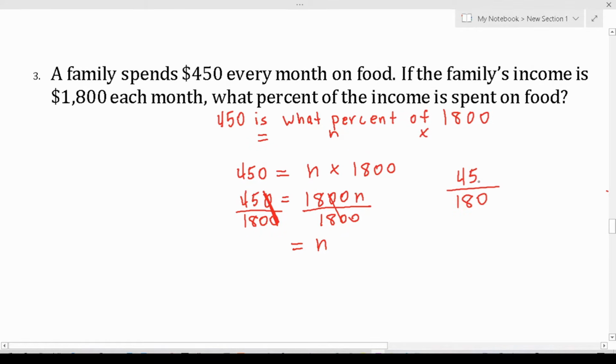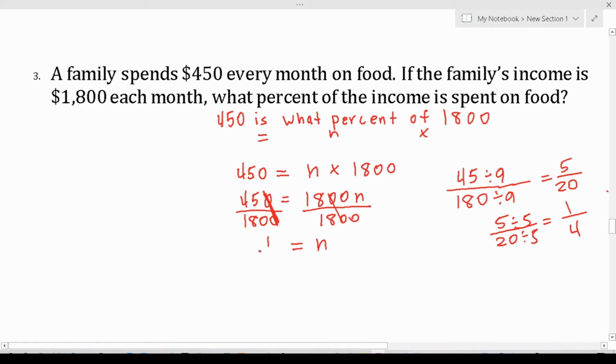We should see that both 45 and 180 are divisible by 9. So to make this math a little bit simpler, let's divide 45 and 180 both by 9. 45 divided by 9 is 5, and 180 divided by 9 is 20. And we can actually reduce 5 over 20 a little bit further by dividing 5 and 20 by 5. 5 divided by 5 is 1, 20 divided by 5 is 4.